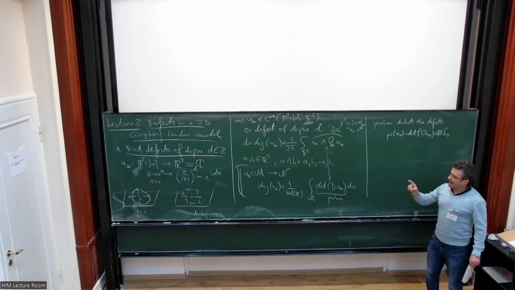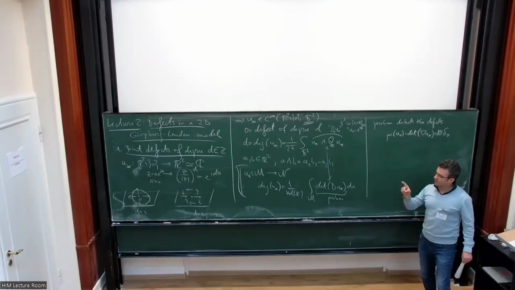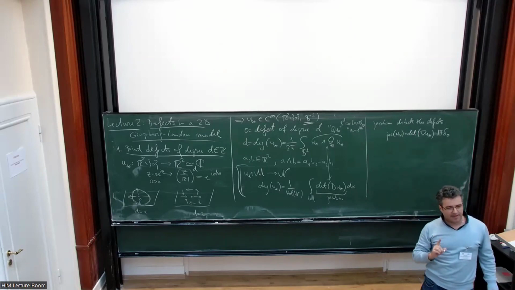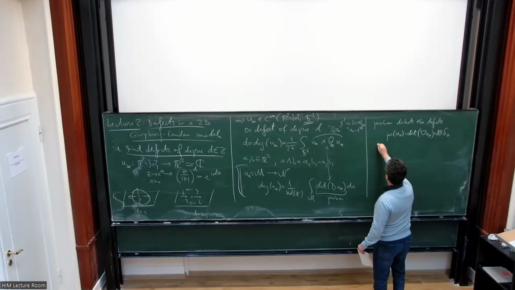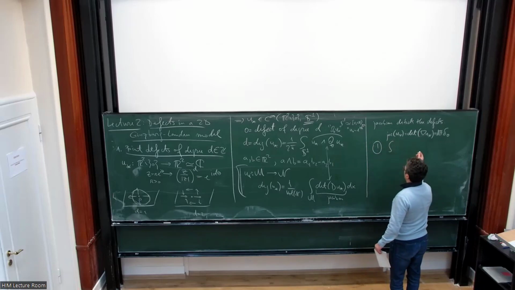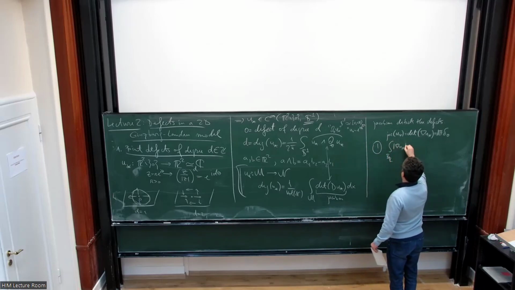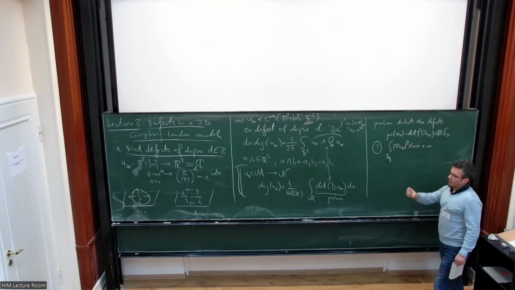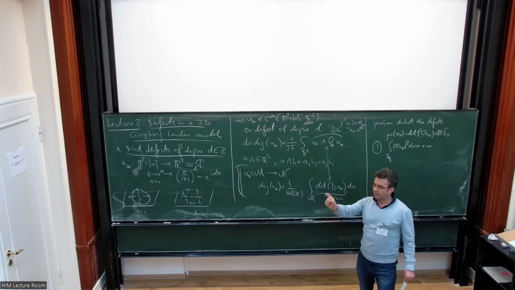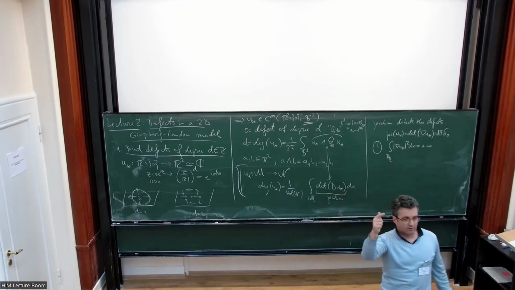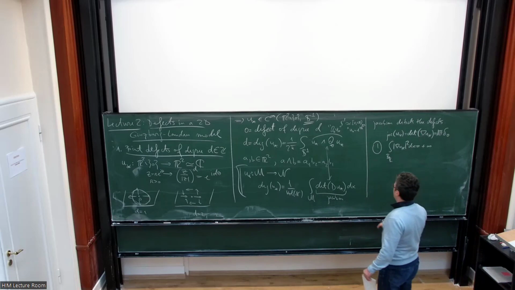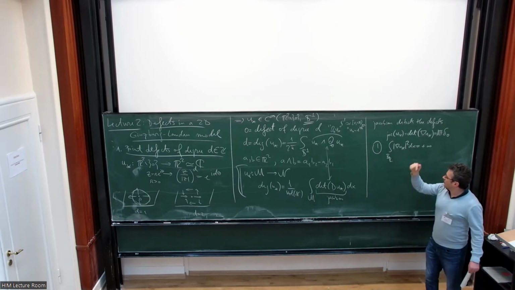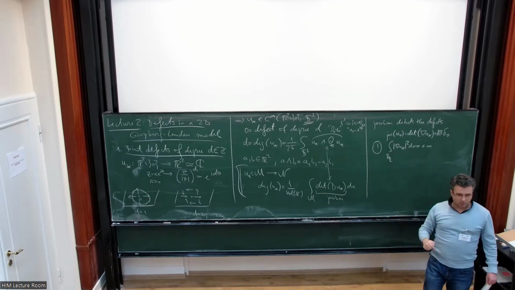As Arghir mentioned, such maps have infinite energy. If you compute, for example, in a ball, you will get that this is infinity. If you compute on some annuli between the radius r and r/2, then you will get that this thing goes logarithmically when r goes to 0.